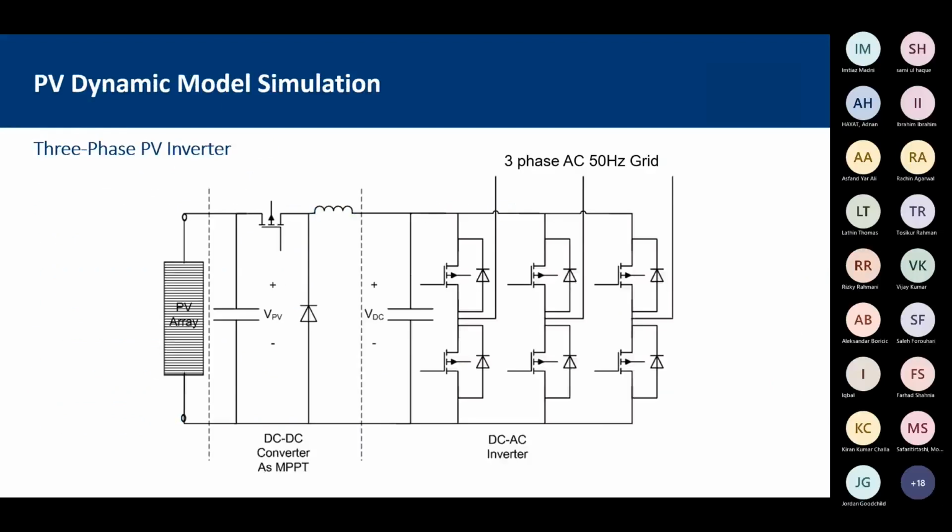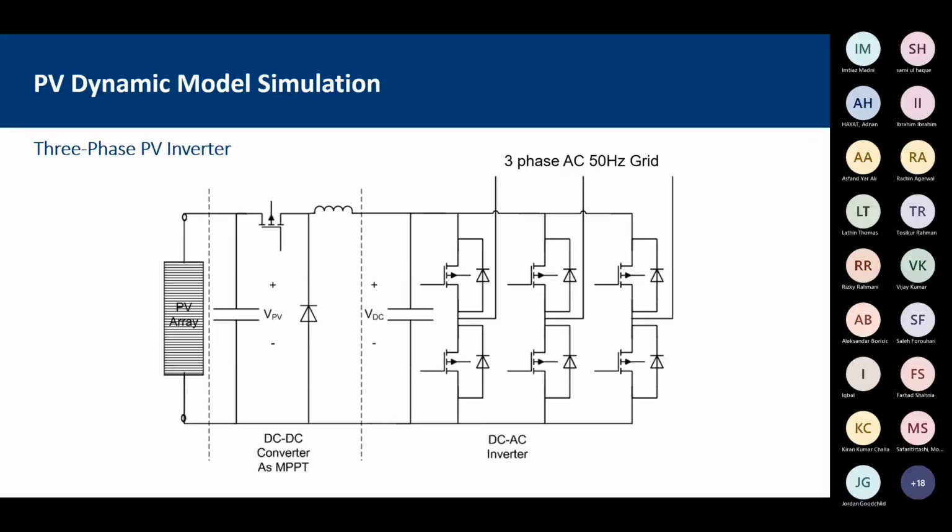PV systems, as I was saying, are one of the most important components these days in our power systems. Everybody is trying to switch to renewable energy sources, so it has become an important component of power system studies.